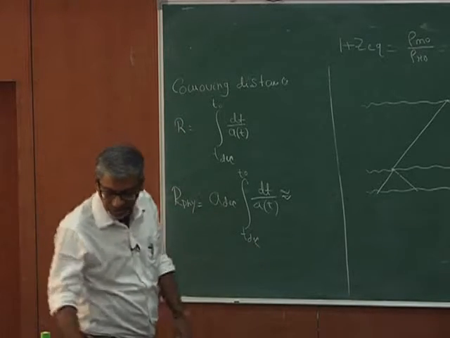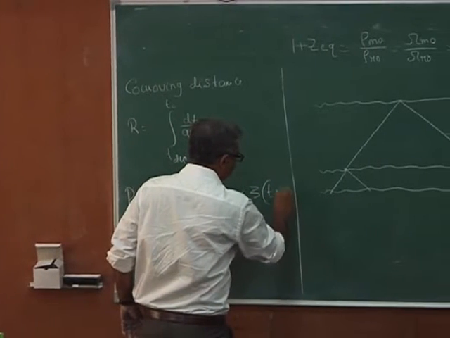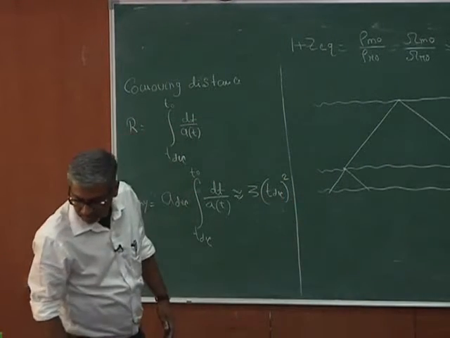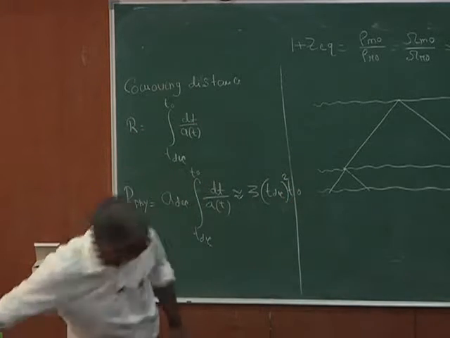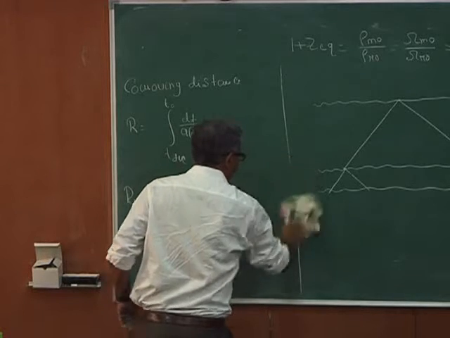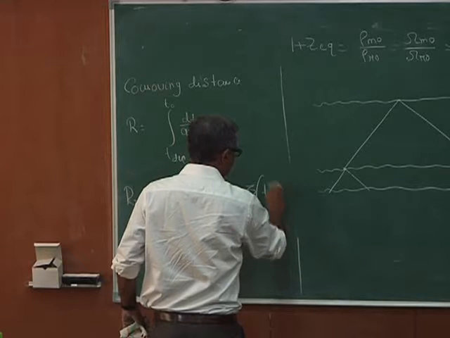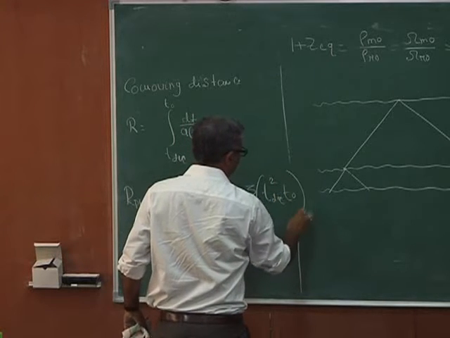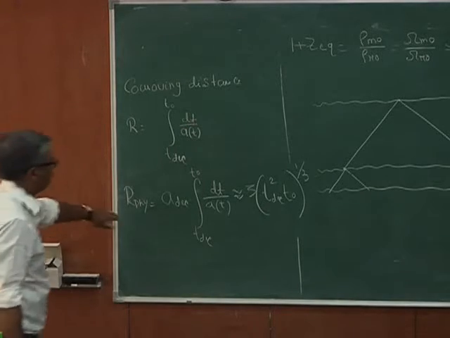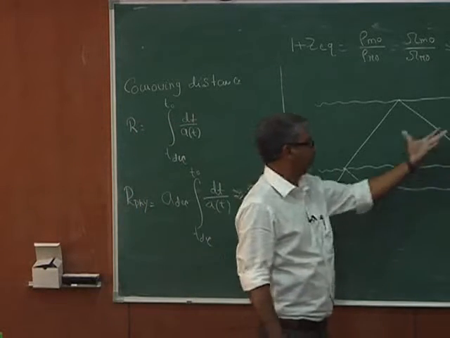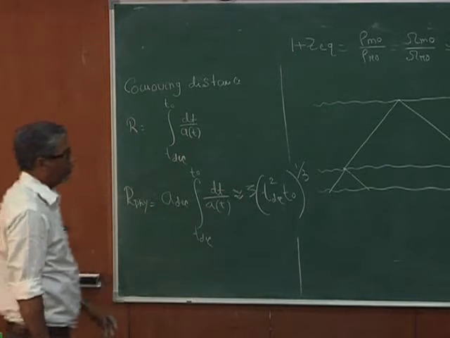If you do this, it comes out to be around 3 t decoupling square into t naught to the power 1/3. Okay, so this R physical size, from where I can receive photons at present, is roughly this value, okay.